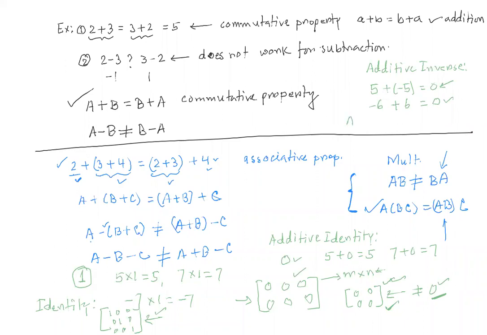So if you have a matrix A, then -A is the additive inverse of A. So if you add A and -A, you're going to get the 0 matrix. Let me just put the word matrix here. It's not 0, but rather 0 matrix. These are very simple concepts, yet very powerful. Additive inverse of a matrix is such a matrix that when you add these two matrices, you get the 0 matrix. So for example, I could give you 1, 1, 1, 1.